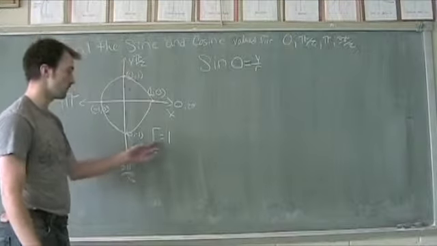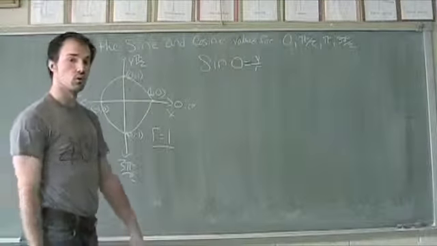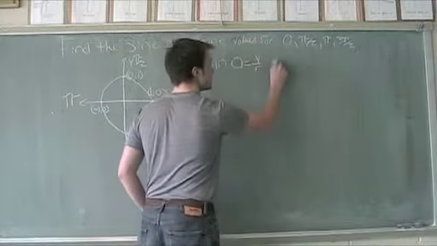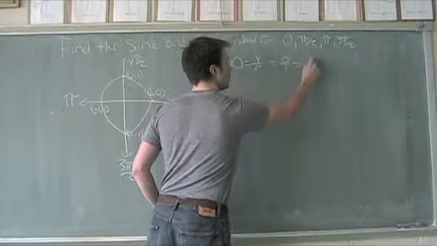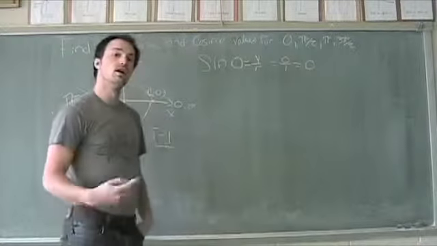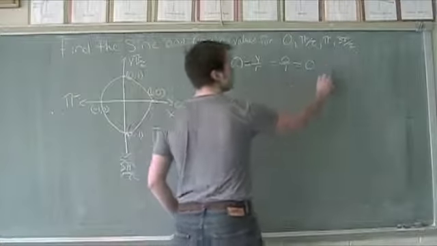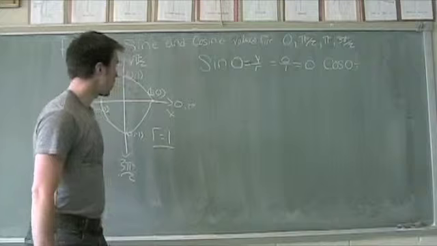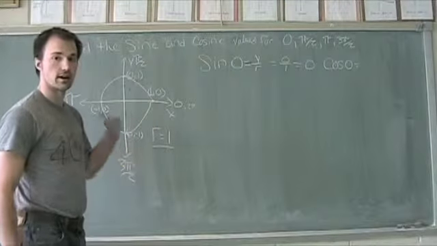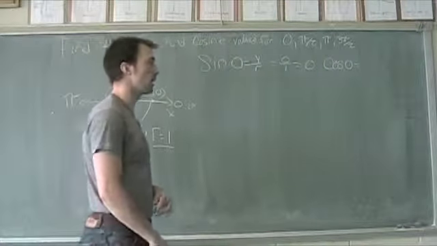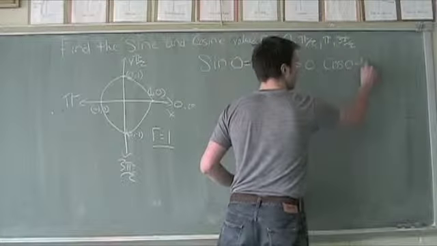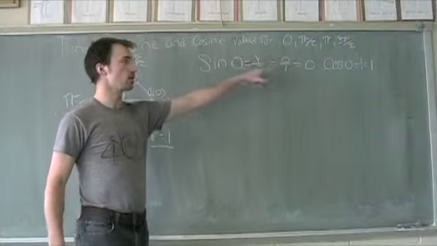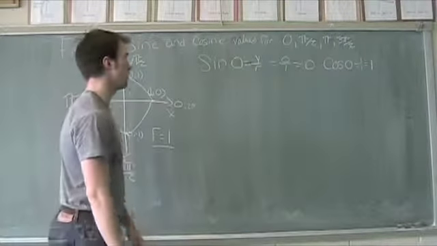Now, because we're using a unit circle, r is equal to 1. And our y value here is 0. So the sine of 0 is 0 over 1, which is equal to 0. Looking at the cosine at 0, cosine was our x value divided by the r value. X being 1 divided by the r value of 1. 1 divided by 1 is 1. So the sine at 0 is 0, and the cosine at 0 is positive 1.